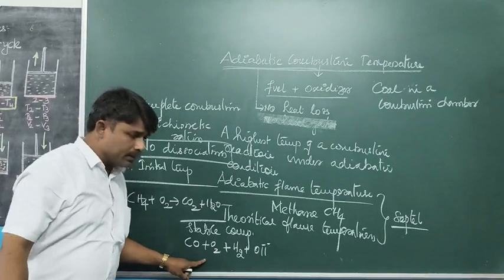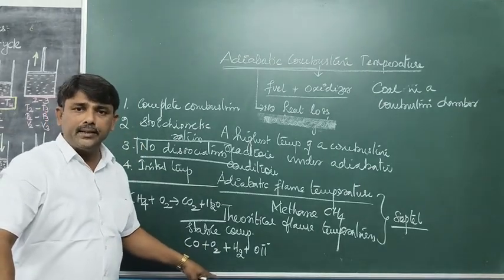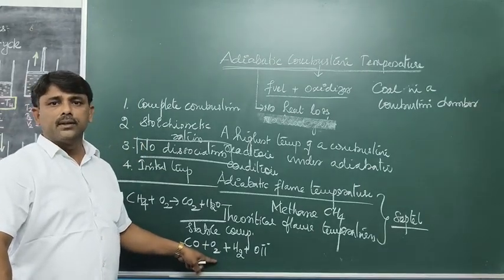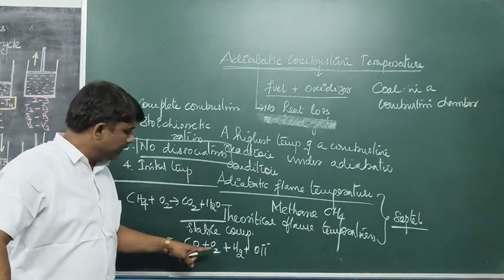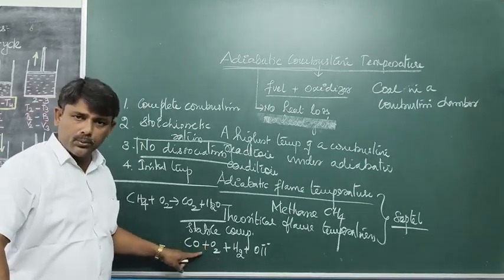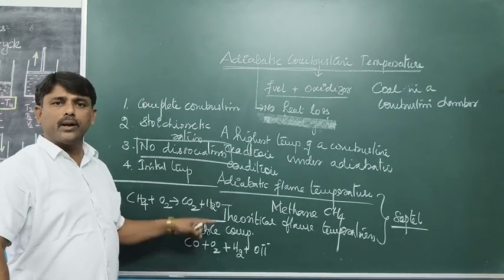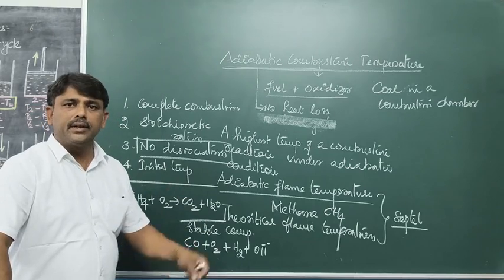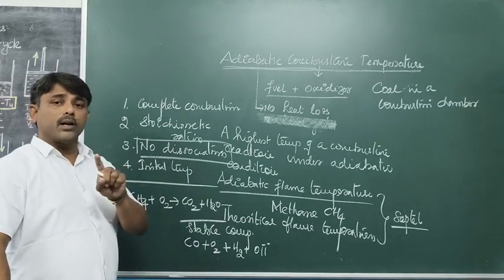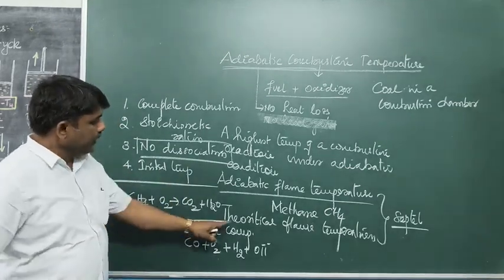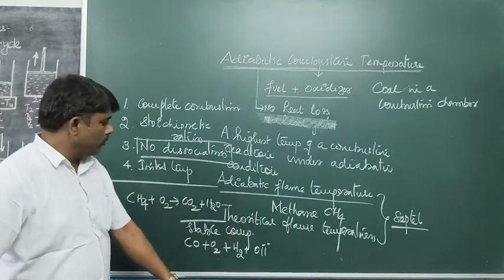This dissociation results in a decrease in total enthalpy of the reacting system. It consumes a certain amount of energy, hence there will be a loss in total energy. It reduces the temperature.